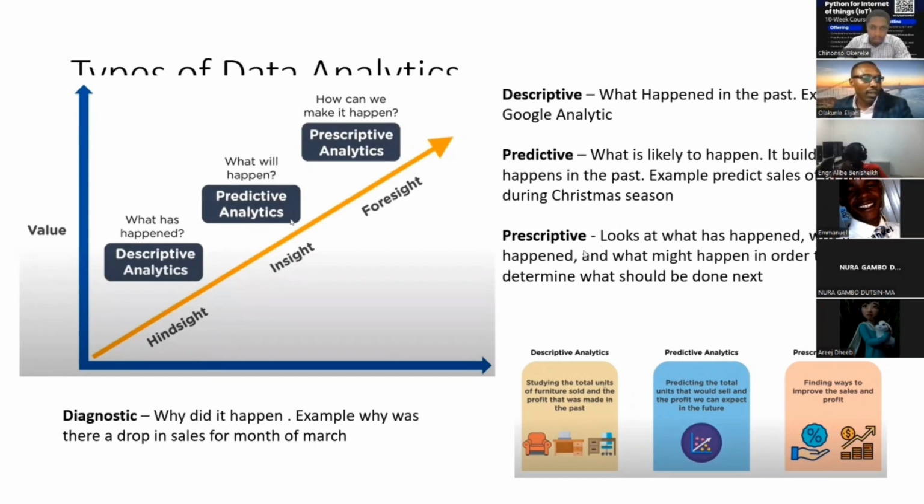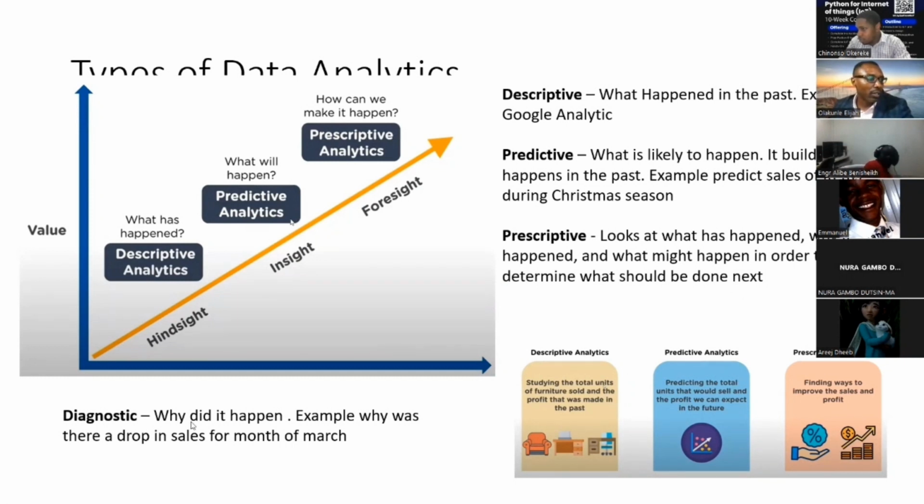Prescriptive analytics is a combination of the descriptive and predictive. It looks at what has happened, why it happened, and what might happen in order to determine what should be done next. That is where you want to take actions and decisions. That is where prescriptive comes in.